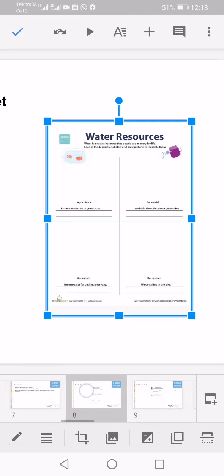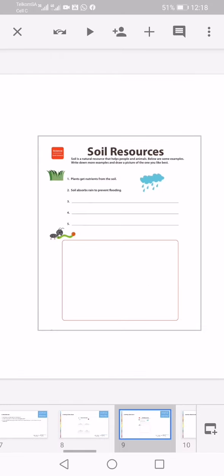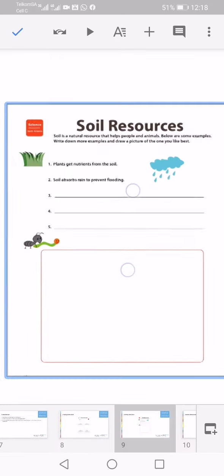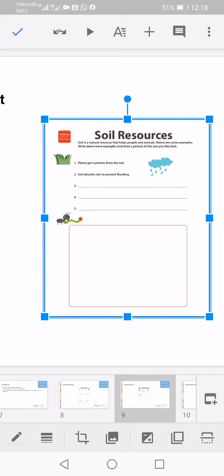If we go on to the next slide, we have another activity, very simple abstract activity on soil resources. Soil is the natural resource that helps people and animals. Below are some examples. Write down more examples and draw a picture of the one you like best.